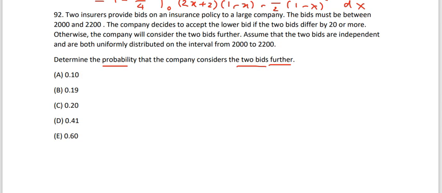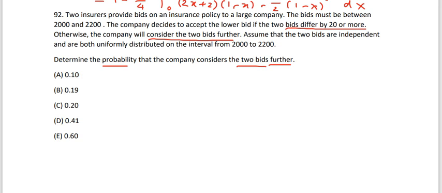It says the company will consider further if their difference is less than... if the two bids differ by 20 or more, then they will accept the lower one. If they're quite close, then they need to consider them more, right?